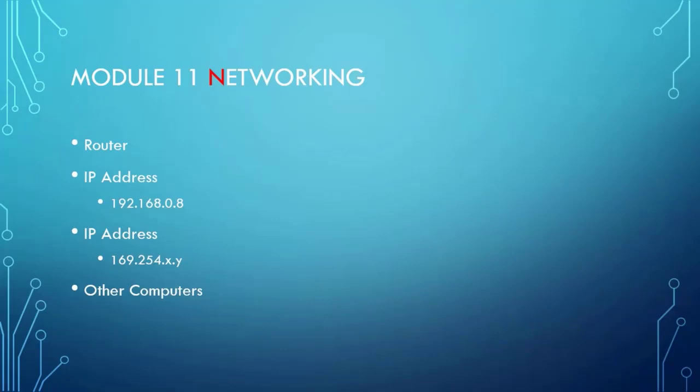So finally, I just want to point out that you can connect from your laptop to other computers and other devices which are also getting their IP address from this router, and you can connect to another machine either by IP address or through a process of shared folders.